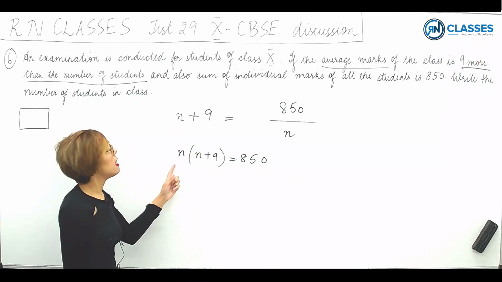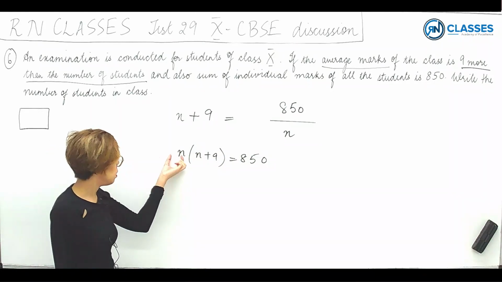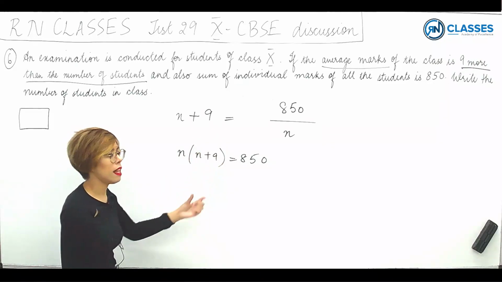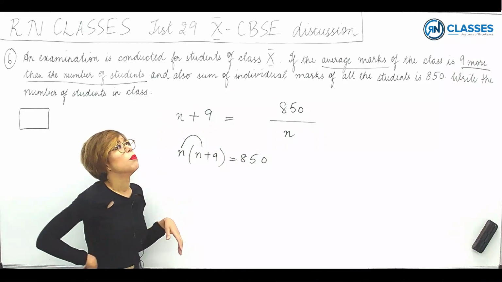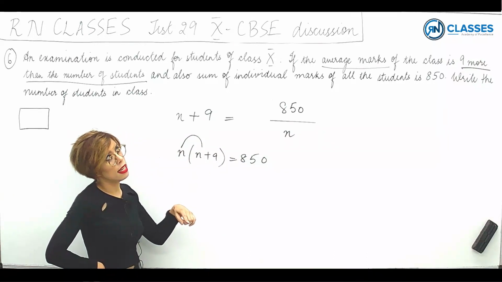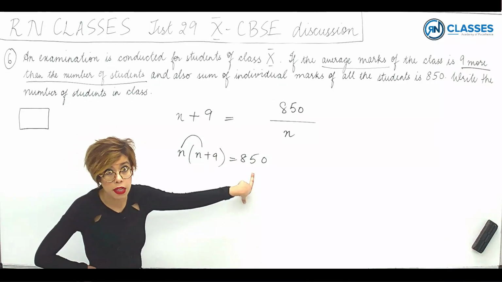But n is a natural number, right? Look at the answer. n is a natural number, n plus 9. That means the difference between these two is 9. So let me think, now let's take 20 and 29. Now 20 into 29 is 580. So I need a number bigger than 20, right?